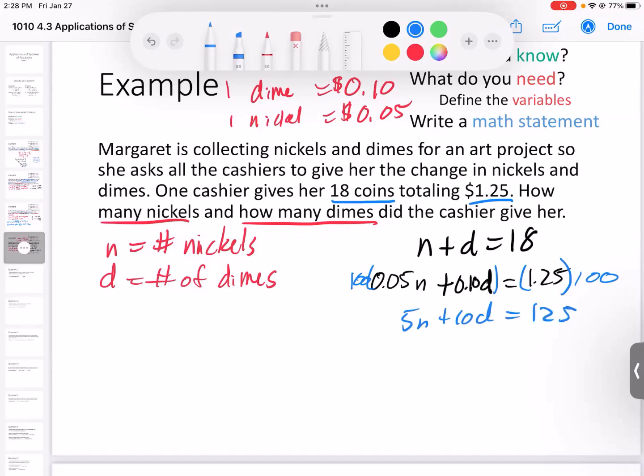What that's basically doing is converting these units from dollars into cents, because it's saying you do 5 cents times the number of nickels plus 10 cents times the number of dimes equals 125 cents. That's usually easier to calculate than a bunch of decimals. So I would prefer this version of the equation, but you could do either one. And you could do substitution or elimination to solve it.